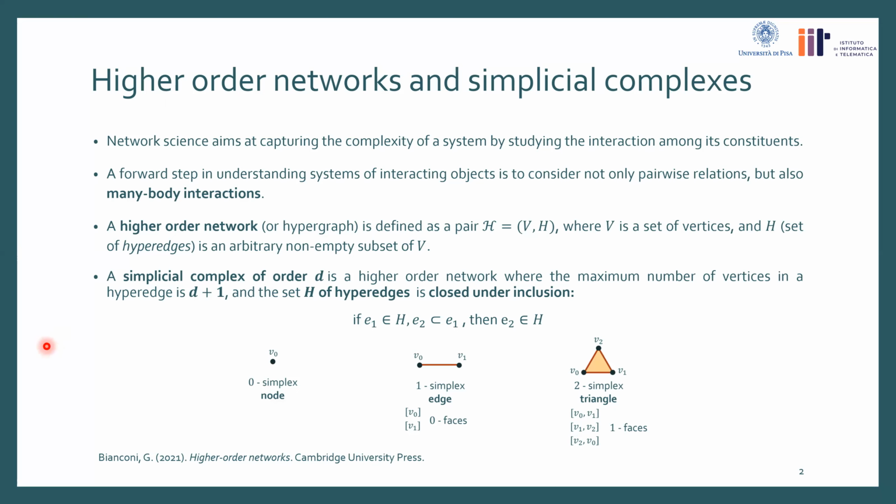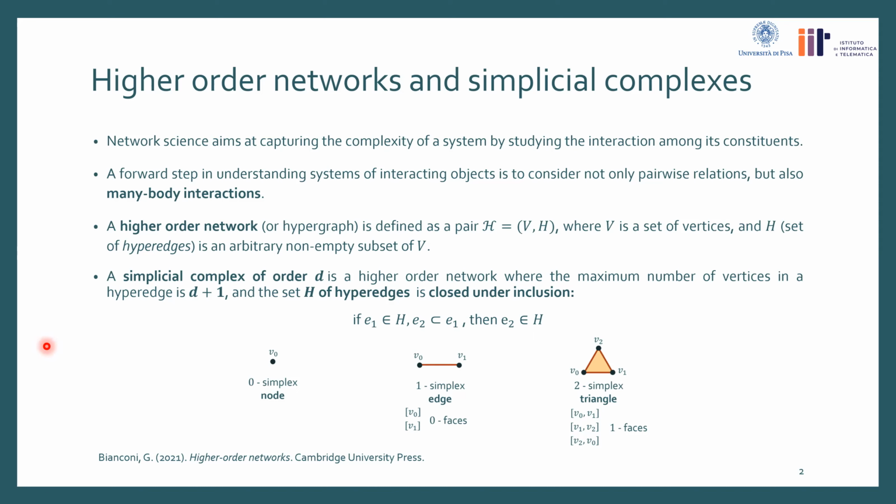So a first step in the understanding of a system of interacting objects is that of considering not only pairwise interactions, of course, but also many-body interactions, so simultaneous interactions occurring among a set of more than two objects. The hypergraph or higher order network is the object we normally use to model this situation.